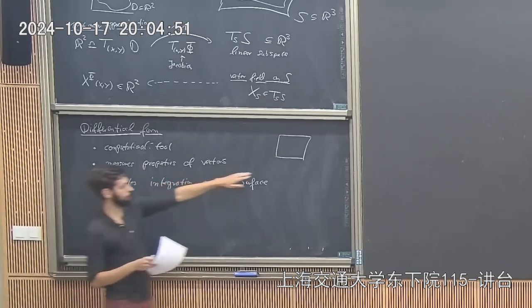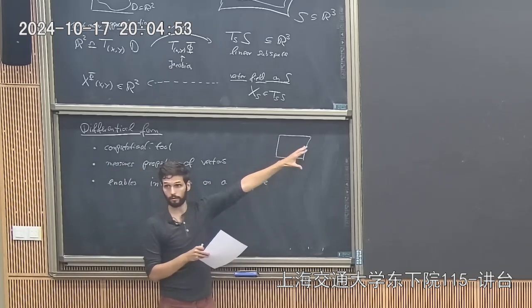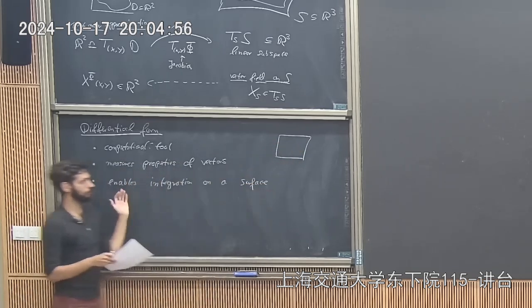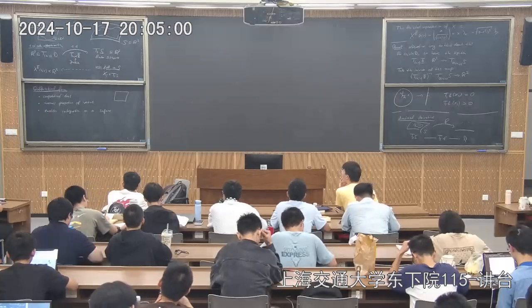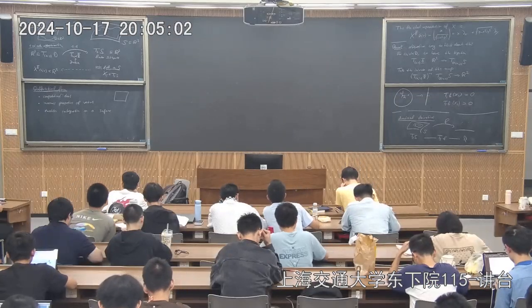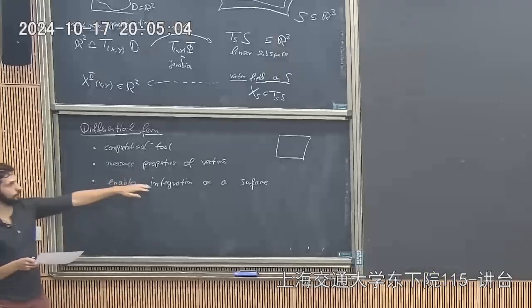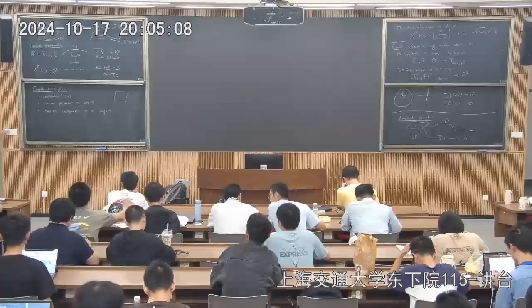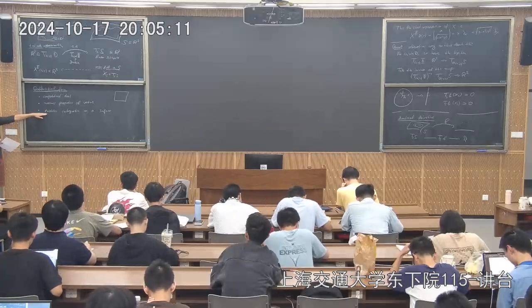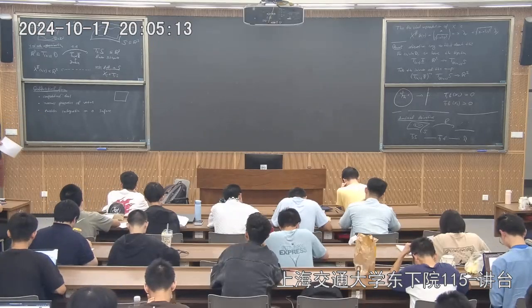So you have a function that lives on a rectangle, and then you can integrate it. But now our surfaces, you can imagine, are curved rectangles. So the question would be, how do you integrate over something that is curved? And differential forms give you a way to calculate that.